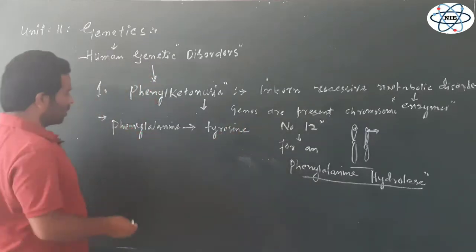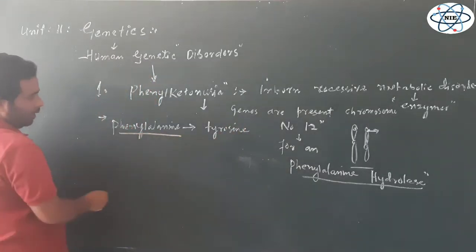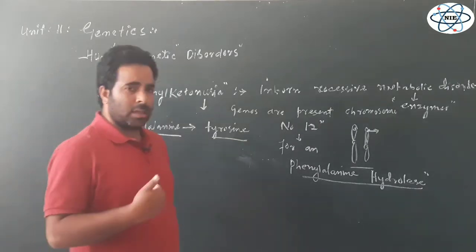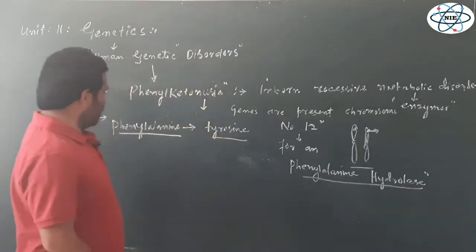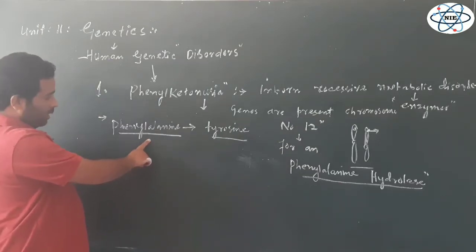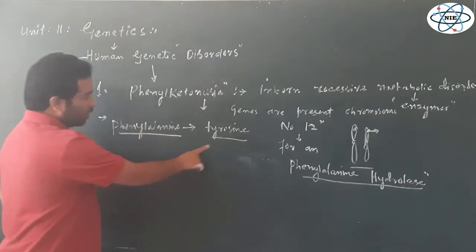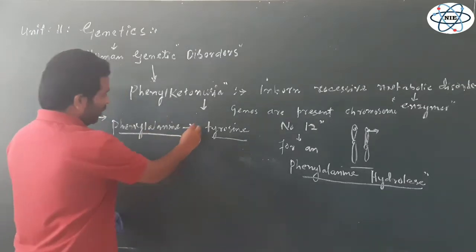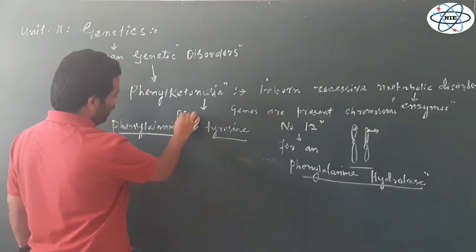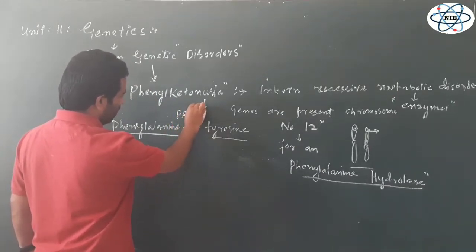So there is conversion of one amino acid, phenylalanine, into another amino acid, tyrosine. This is the reaction taking place in the human body, where an essential amino acid, phenylalanine, which is present in many foods, right? This phenylalanine gets converted into tyrosine, but only in the presence of this enzyme, known as phenylalanine hydroxylase.